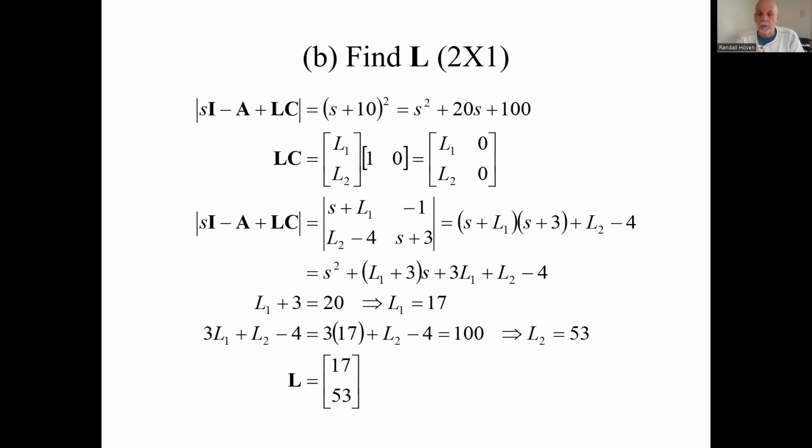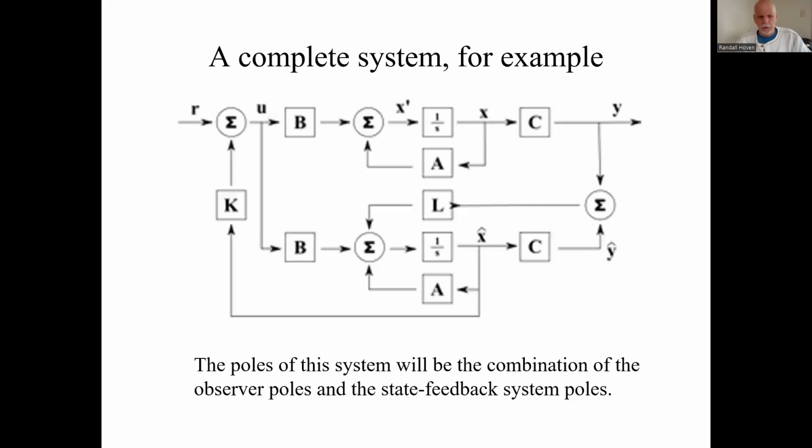It's much parallel to finding the feedback gain, but now it's a more complicated system. A whole closed loop system is going to have 4 poles altogether. Here's that mini feedback system, that's the observer.